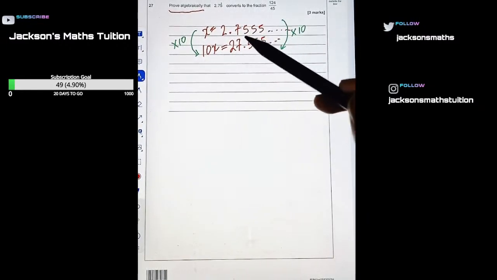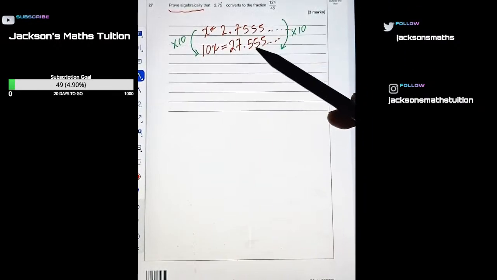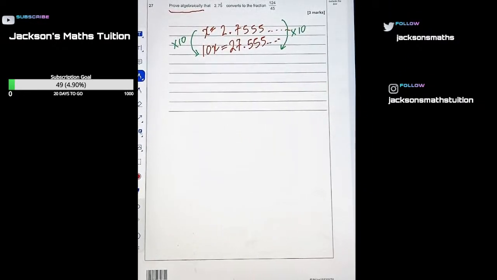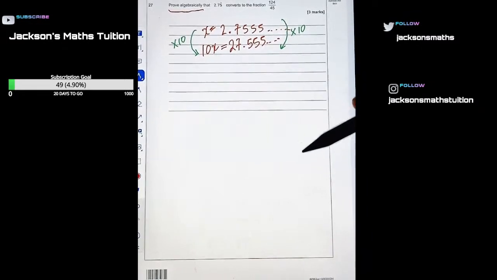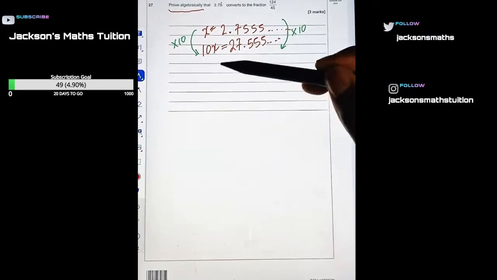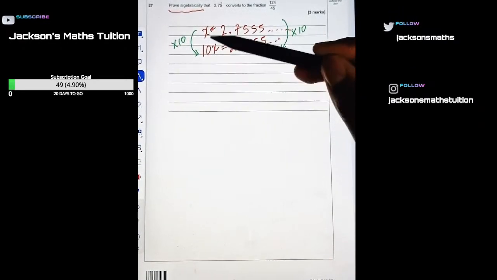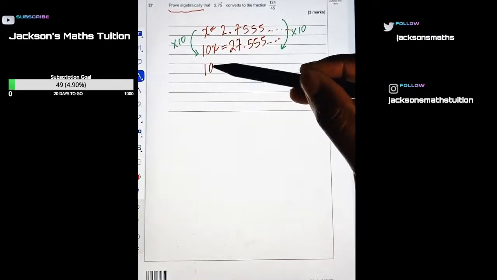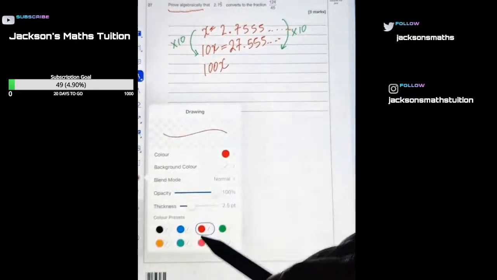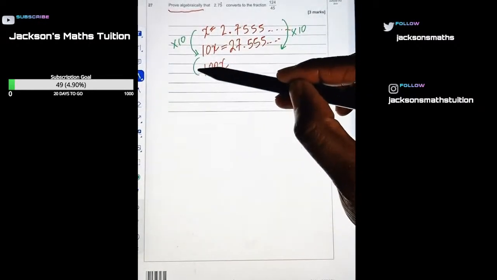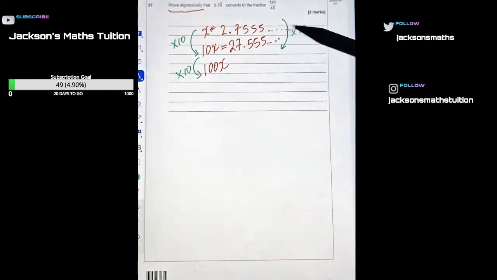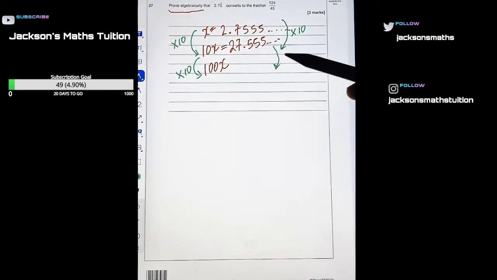But if you look at these two, we have 7555 and we have 555 here. They're not the same. So you're going to go back in again and multiply by the next power of 10, which is 100. So let's multiply by 100, or 10 more. Okay. So to go from here to here, you times by 10 more. All right.